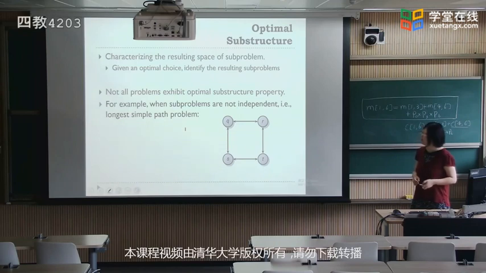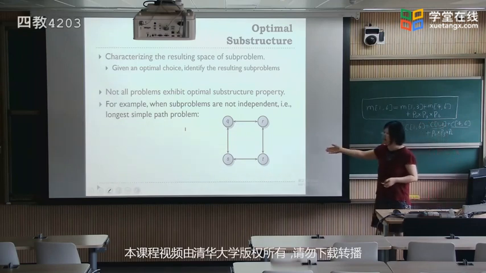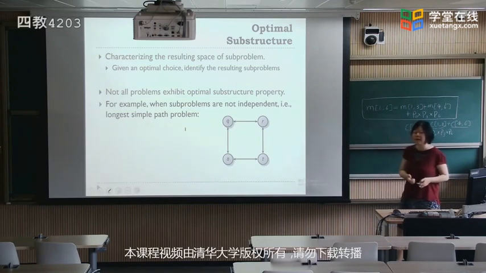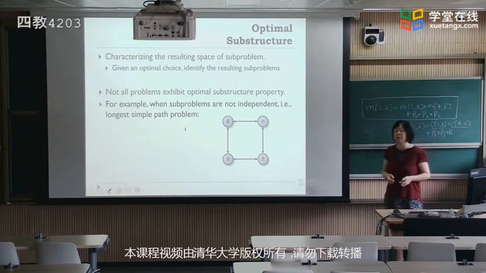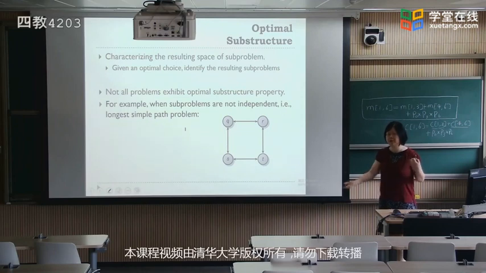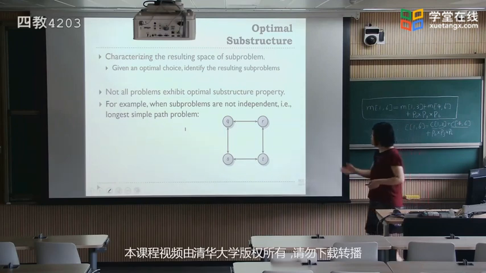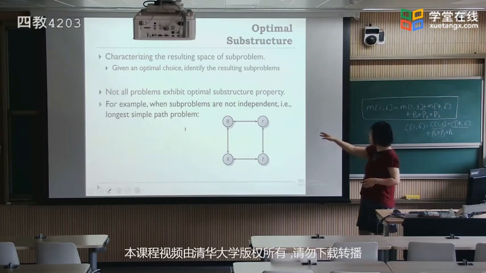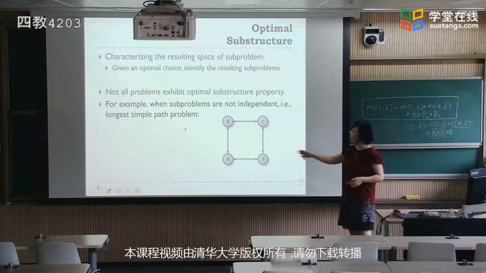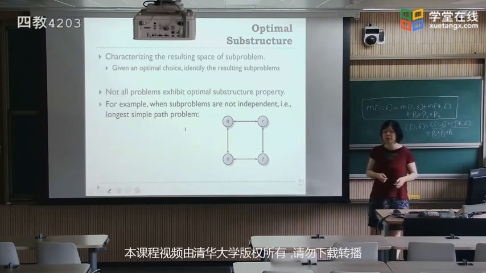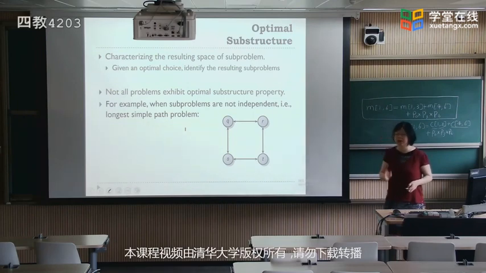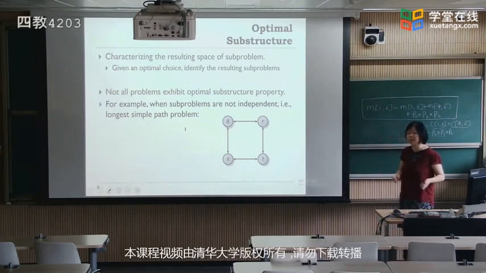And also be careful, there are some problems that actually do not exhibit the optimal substructure property. For example, for this problem, a directed graph, we'll try to look for the longest path between 2 vertices. Like for example, the longest path from Q to S is from Q to R, R to T, and T to S. This optimal solution does not contain optimal solutions to subproblems.